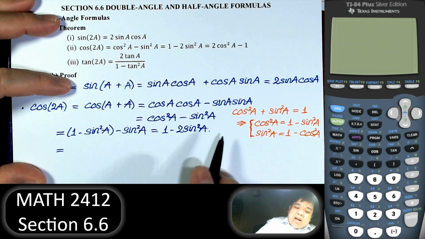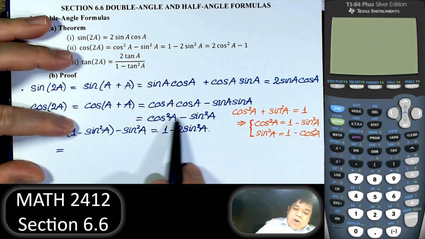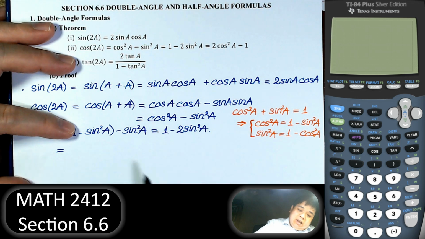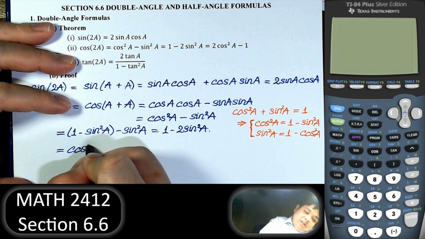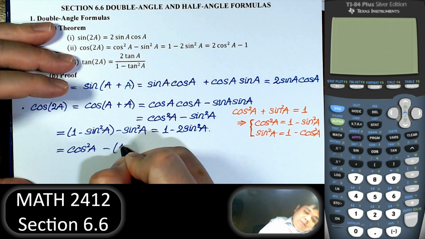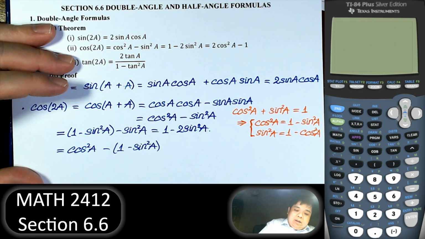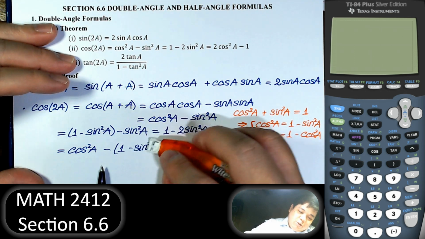Now, if instead of using cosine square as 1 minus sine square, we use sine square as 1 minus cosine square in here.